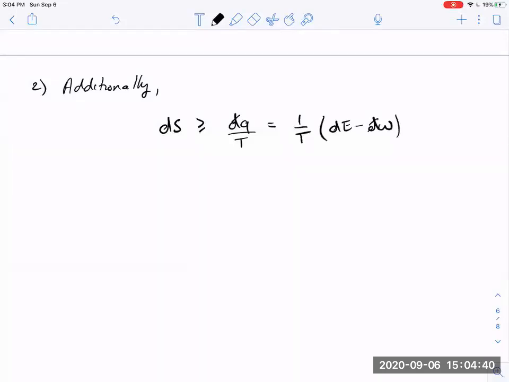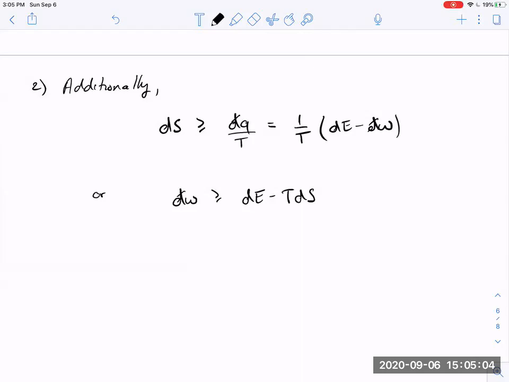That's another way of stating the second law due to Clausius. Rearranging this would say that dW is greater than or equal to dE minus T dS.